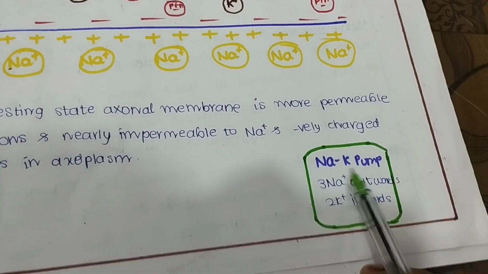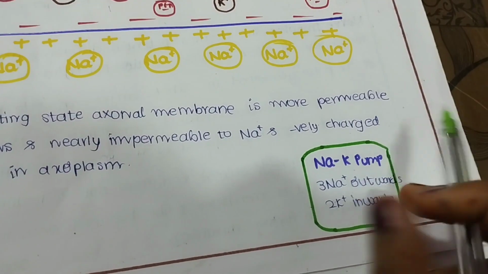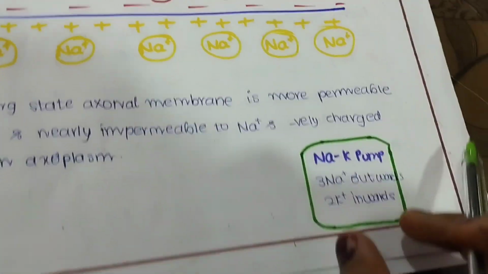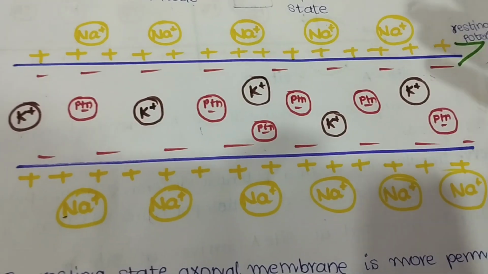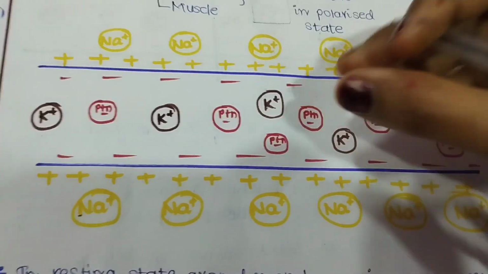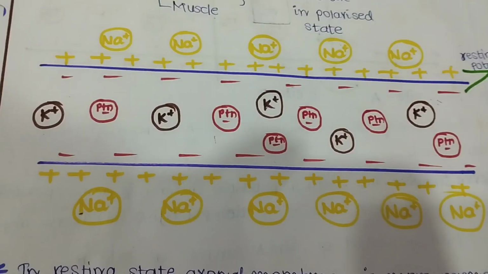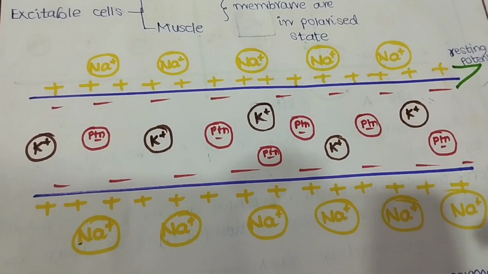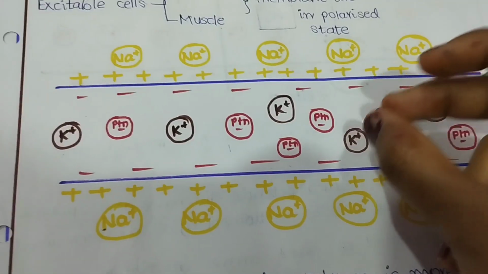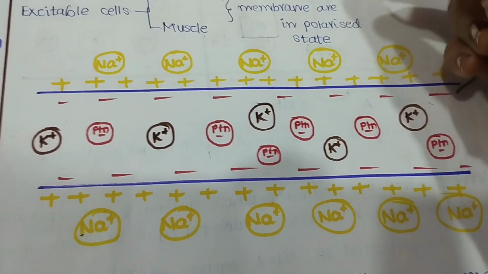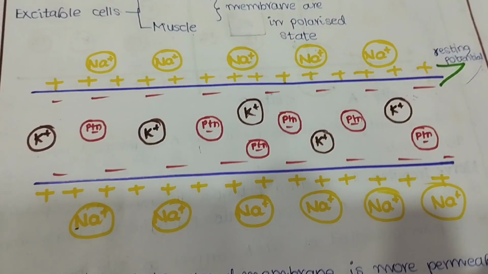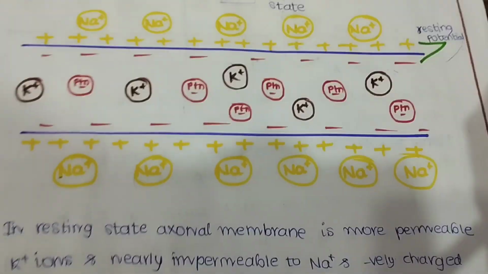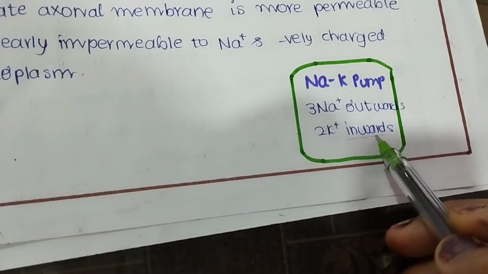What the sodium potassium pump does is, it will export 3 Na plus outward and import 2 K plus inwards. It is also an ion channel. Whatever Na plus ions are there inside in the axoplasm, it will export. Actually, they will not be present, and if present, they'll be present in a little amount. So it exports 3 Na plus outward and imports 2 K plus inward. So it is against the concentration gradient.